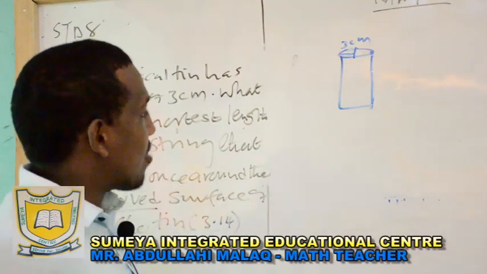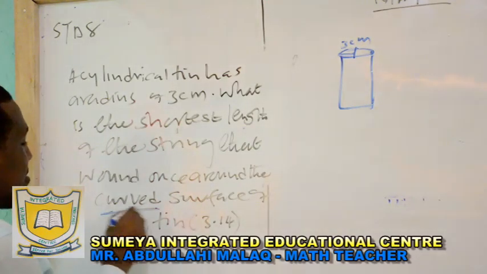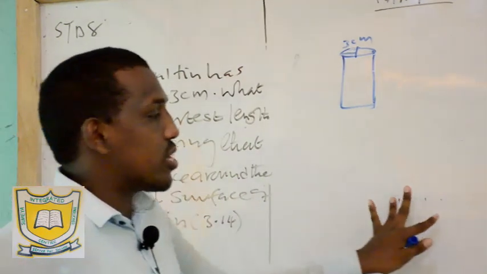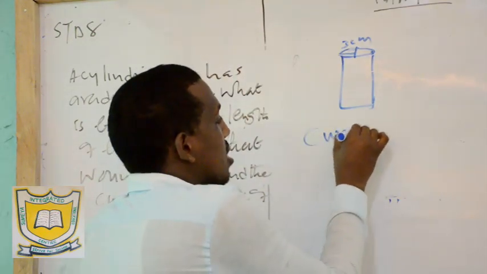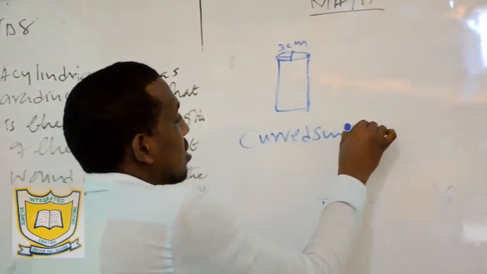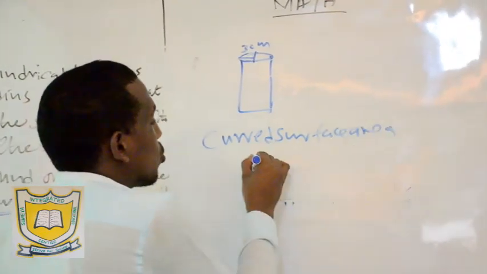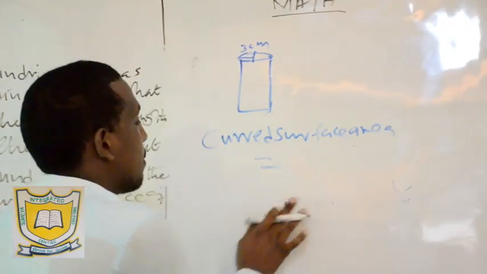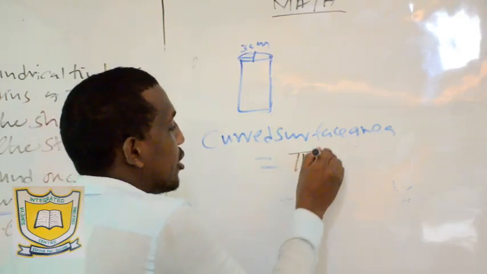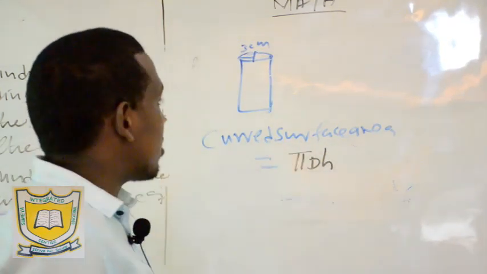So whenever you hear curved surface, the keyword here is curved surface. So we use the formula for getting the curved surface area of the cylinder. Curved surface area is equal to pi d h. That's how we get the curved surface area of a cylinder.